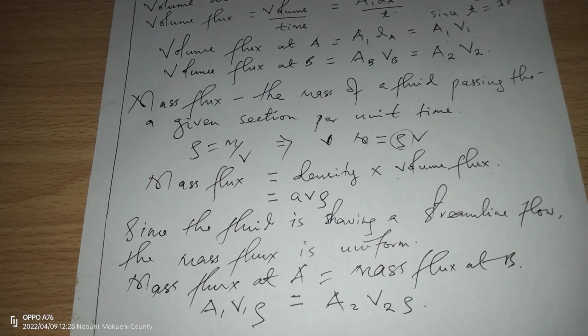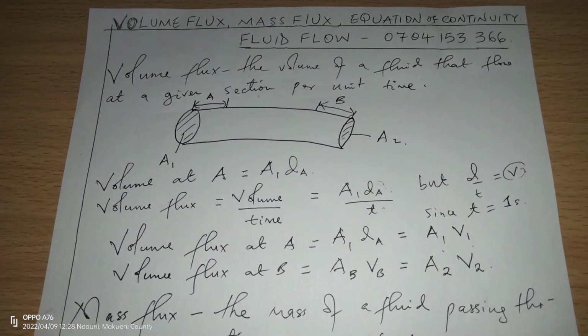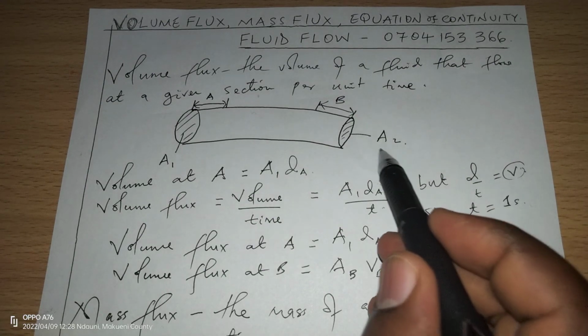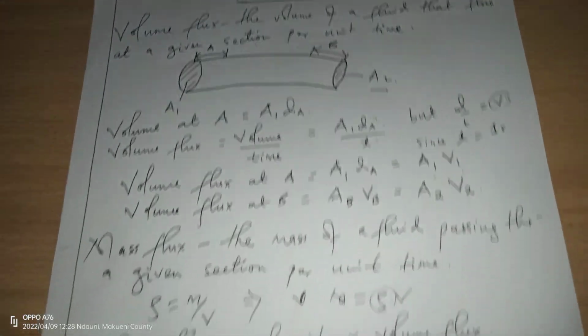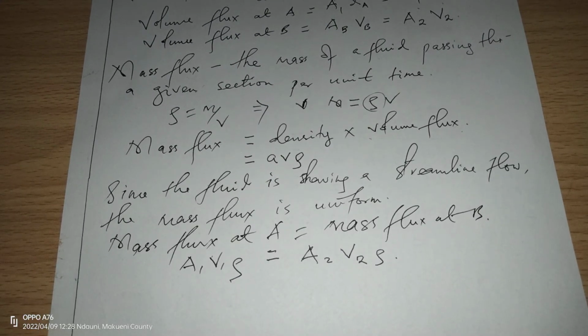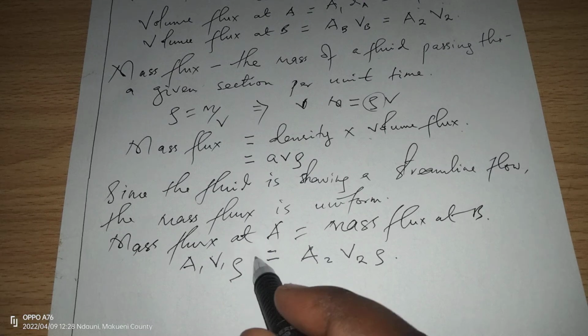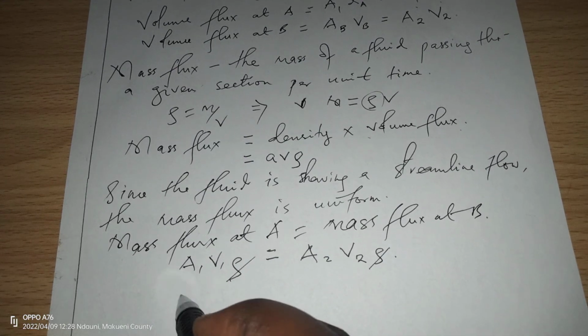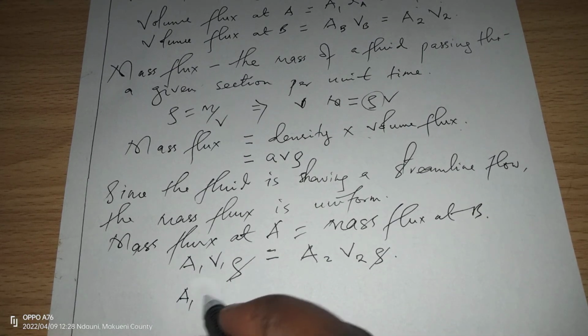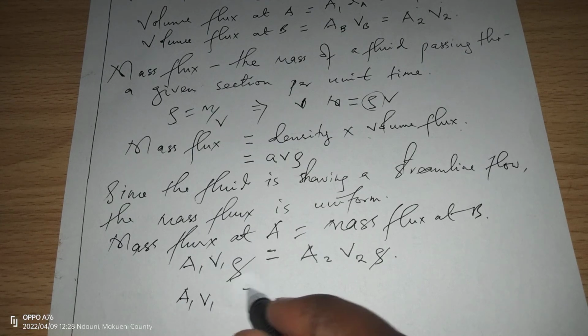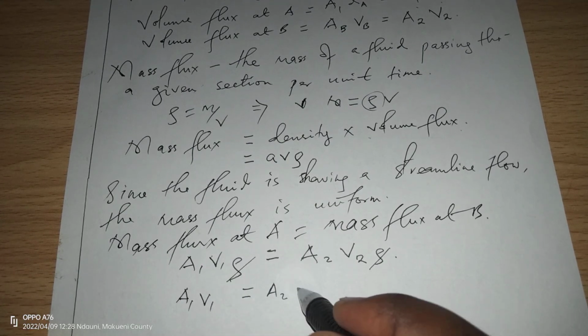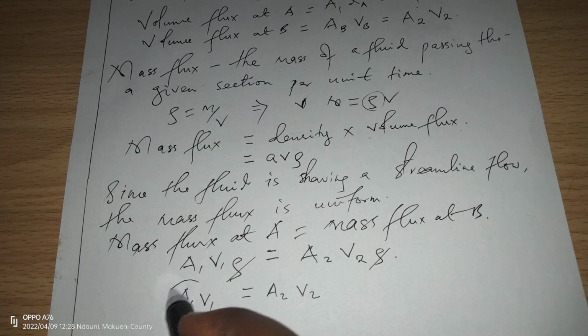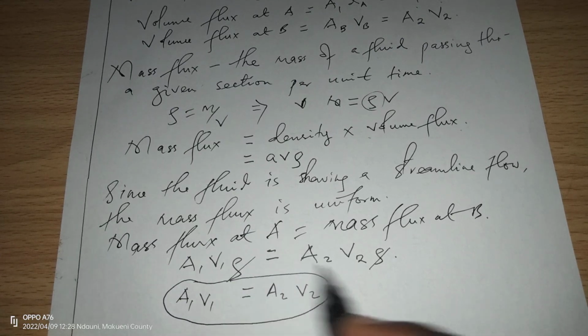Remember, the fluid which is passing at A is the one which is going to pass at point B. Therefore, the density is just of the same fluid. And having this one related, we can have the densities cancelling, and we will have area 1 times velocity 1 equals to area 2 times velocity 2. This one is called the equation of continuity.